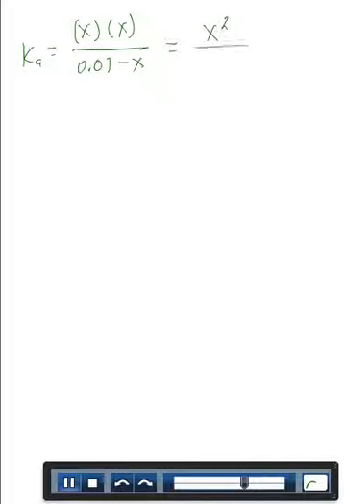Now substituting these values into the Ka expression, I'll have X times X over 0.01 minus X. So now I just have a quadratic expression that I can solve for X. So X squared plus KaX minus 0.01 Ka equals 0.